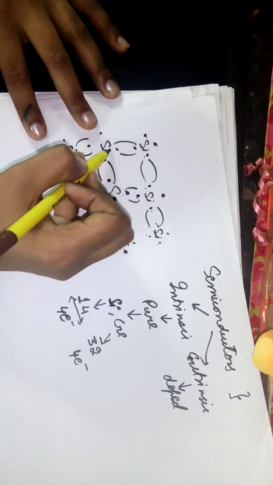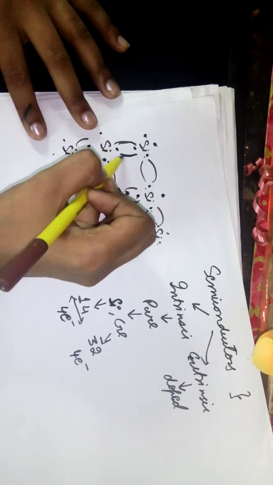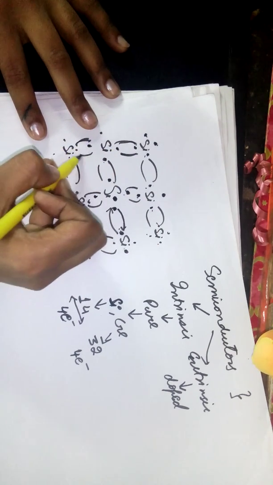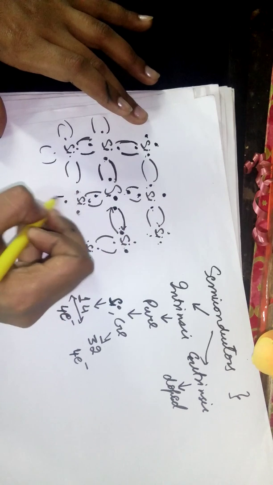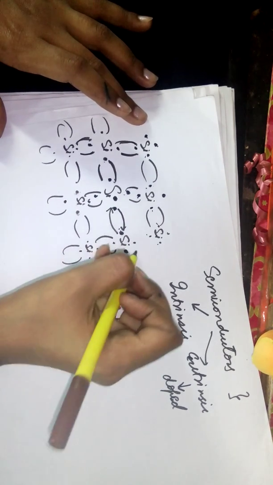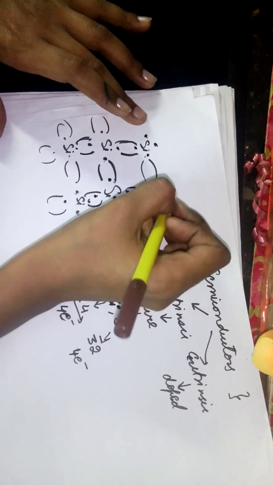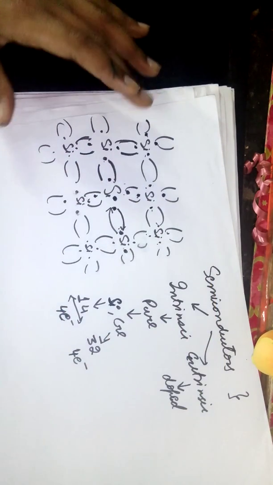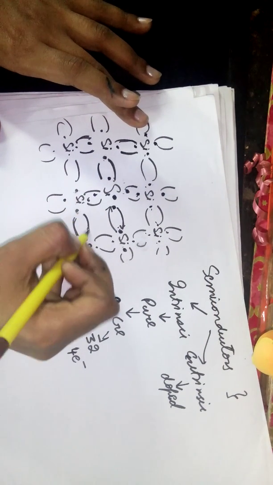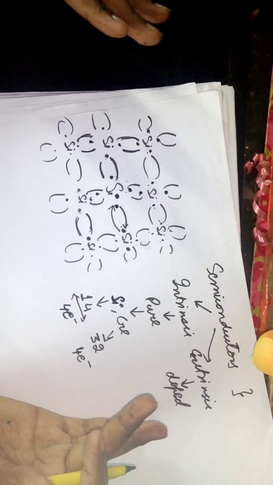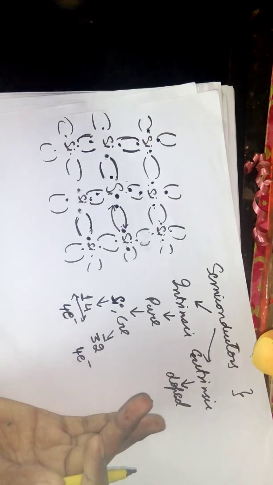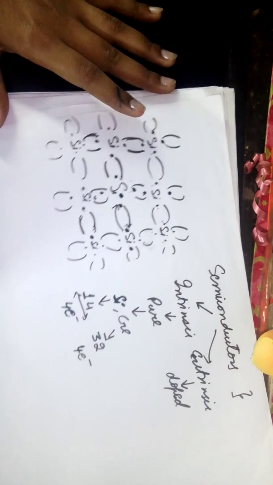This silicon has shared 1 electron from this element and also from this element, and there must be another element on that side also. This is how the bonds are being shared. This type of bonding, which is formed by sharing electrons, is known as a covalent bond. Therefore at room temperature, pure semiconductors silicon and germanium are stable by using this covalent bond.